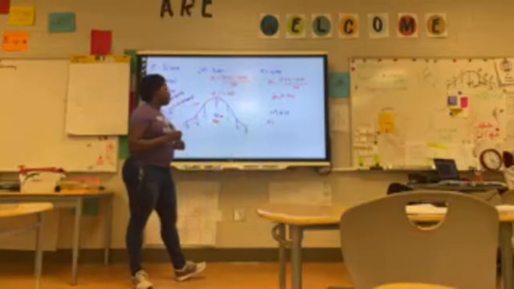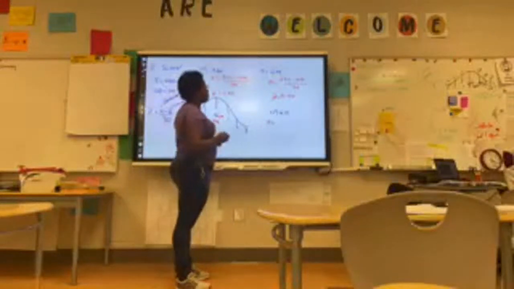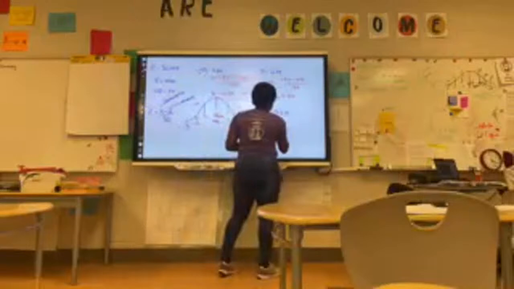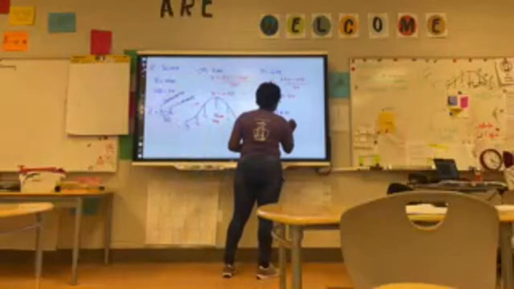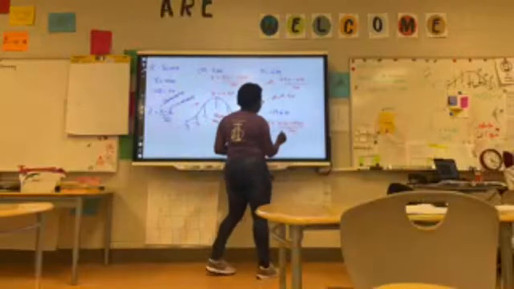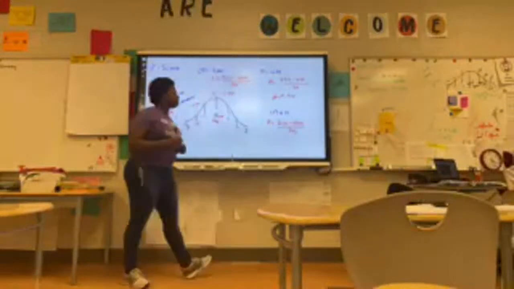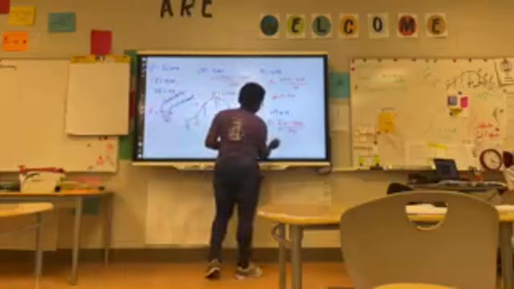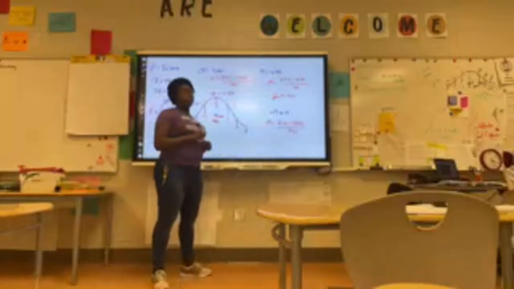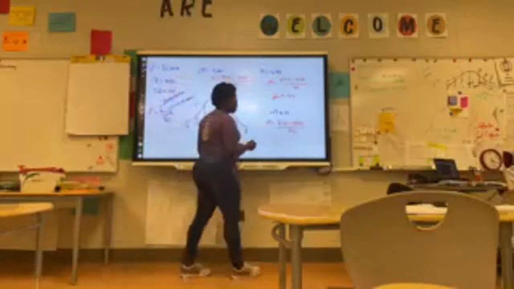The next part is asking us to find it for 610, so it's 610 minus the mean, 450, divided by the standard deviation, which is 70. And this should be a pretty big number, above 2, right? 2.28.